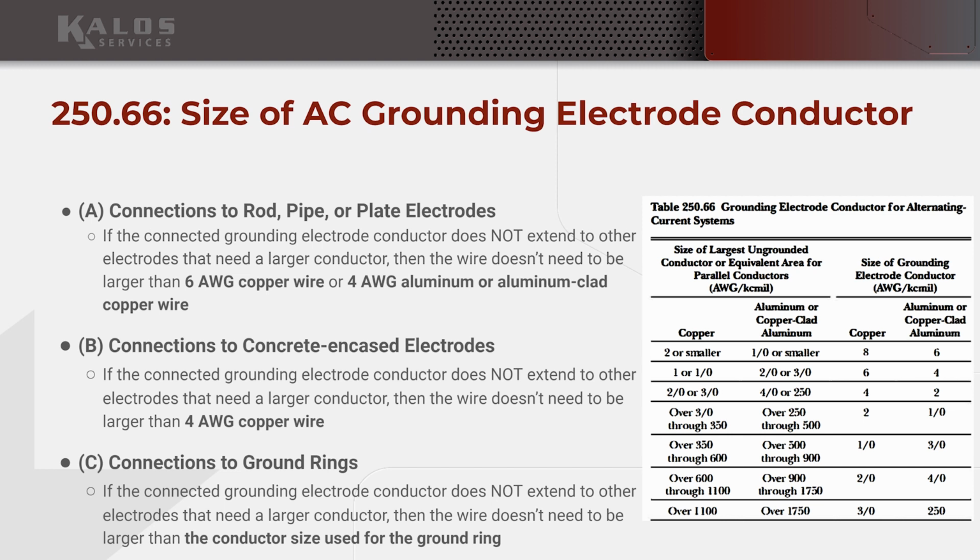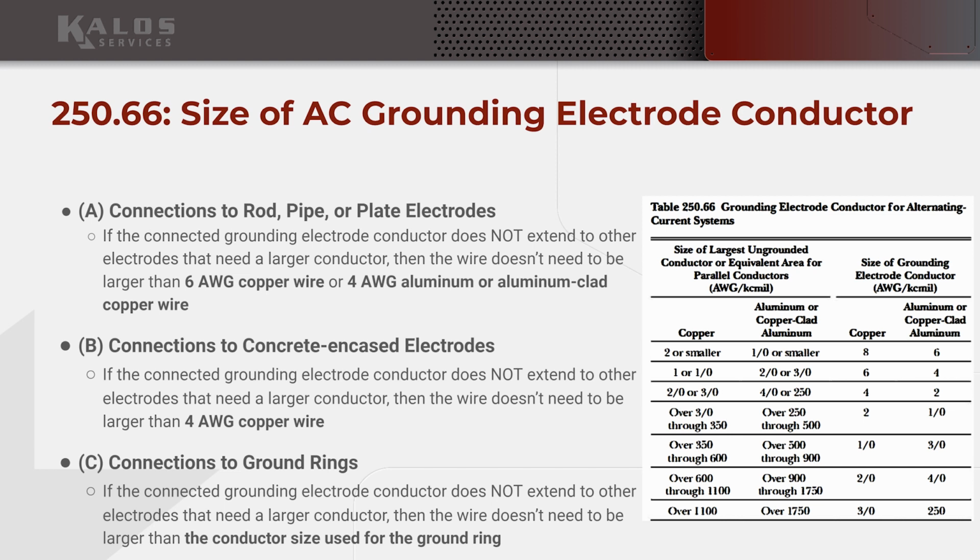Sizing of grounding electrode conductors. So 250.66 in the National Electrical Code covers sizing of grounding electrode conductors. We have a table here that shows the size of the largest ungrounded conductors or equivalent area for parallel conductors on the left.